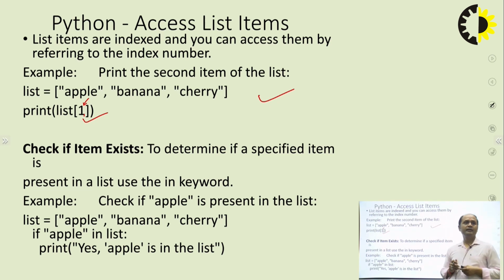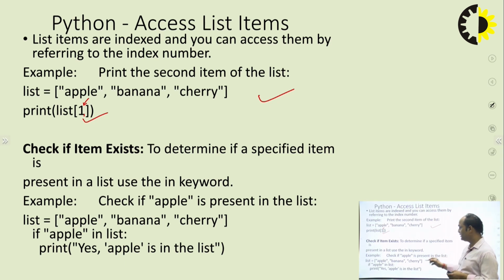Suppose we want to determine if a specific item is present in a list. Suppose we have defined a list and we want to check whether a specified item is present in the list. How will we check?